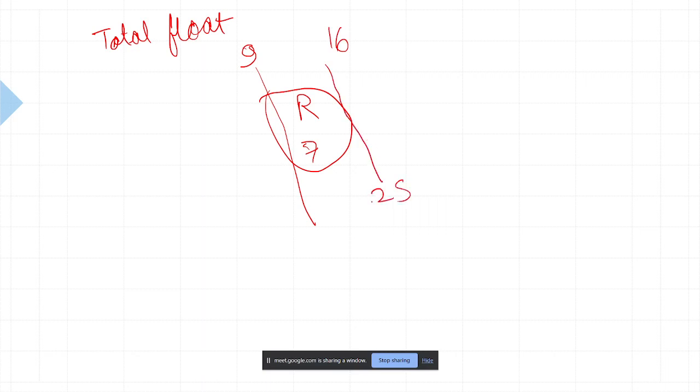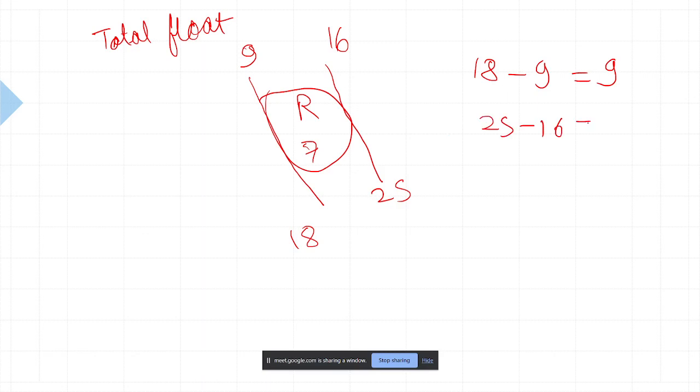This was 25 and this was 18, right? Yes. So what should be the total float here? 18 minus 9 equals 9. And 25 minus 16 is also equal to 9. Okay, 25 minus 16 equals 9.